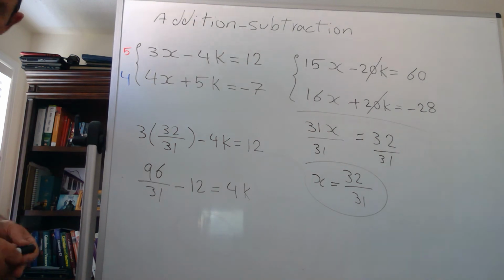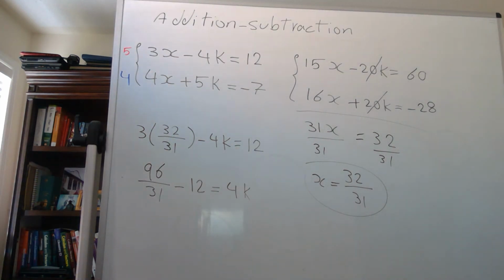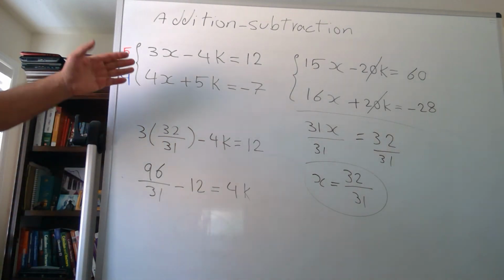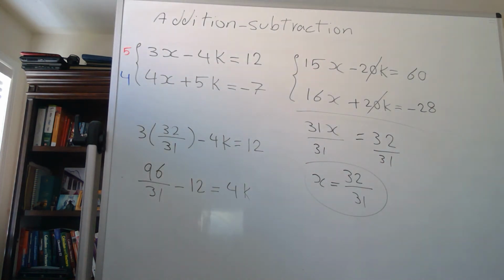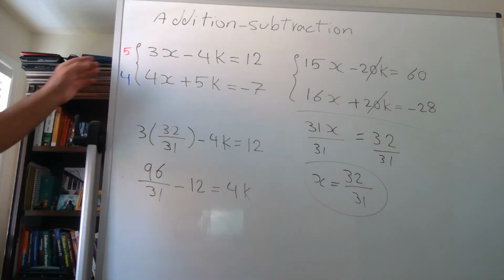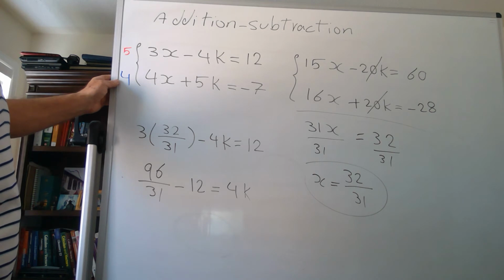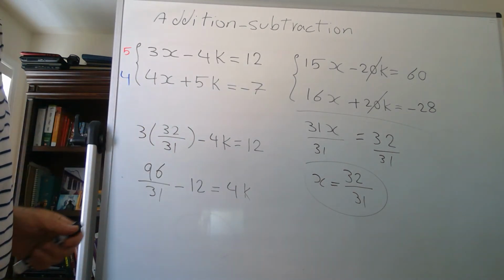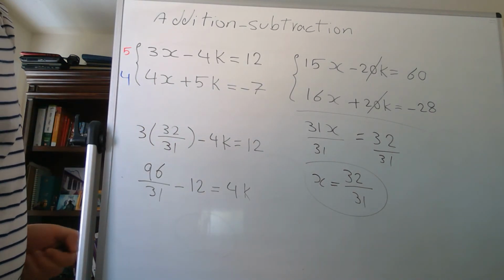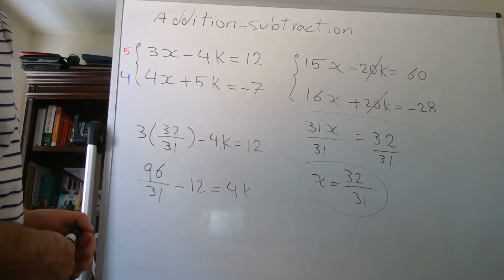Okay, because the numbers are just very random, we end up with this fraction. Let me see if I can change this 31 to 96 divided by 31. Oh, it's not an exact number, so we have to keep it in this format. Okay, if I don't make mistakes, 3x plus 4k, 4x plus k, 12 and 7, 5, 15, 20, 60, 16, 20 and 28, 32, 31.